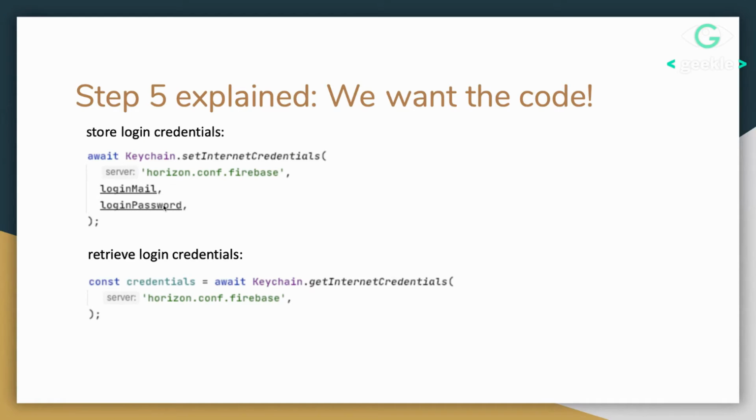And I can retrieve this data again in the same easy way. So I just use the getInternetCredentials function of the keychain library. I just tell that function the name of the server I used here, and it gives me the login mail and the login password.